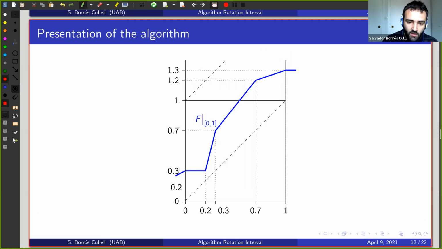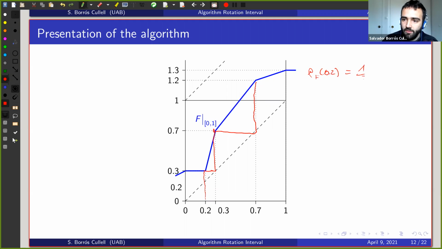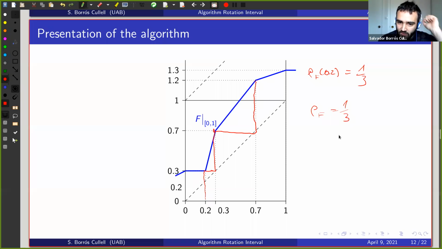The point 0.2 goes to 0.3, 0.3 goes to 0.7, and 0.7 goes to 1.2, which is 0.2 mod 1. Therefore, we can say that the rotation number of 0.2 is exactly 1/3, because the difference between 1.2 and 0.2 is 1, and the period is 3. Since this is a non-decreasing map, we can safely assure that the rotation number of the whole map is 1/3. That's the nice thing about non-decreasing maps.